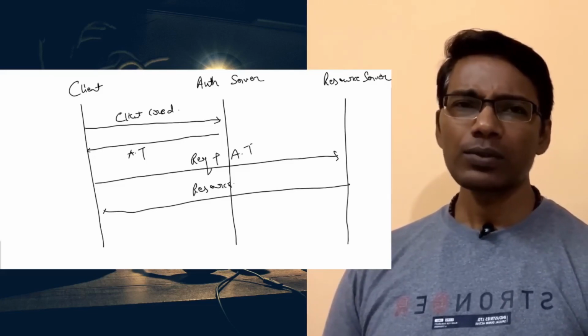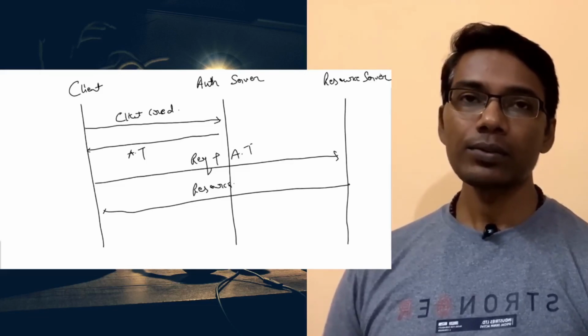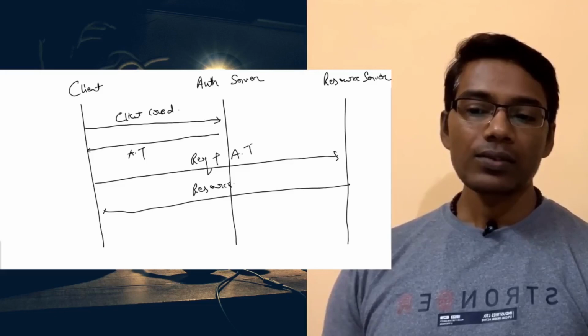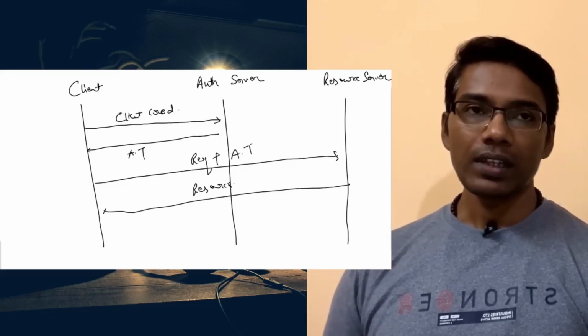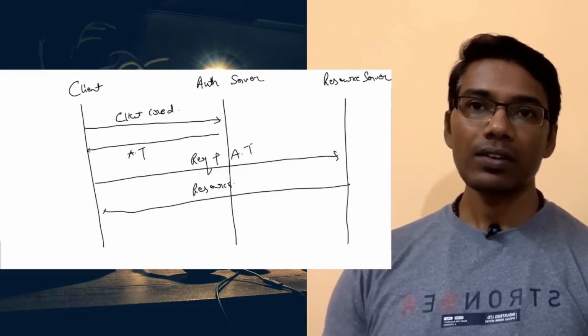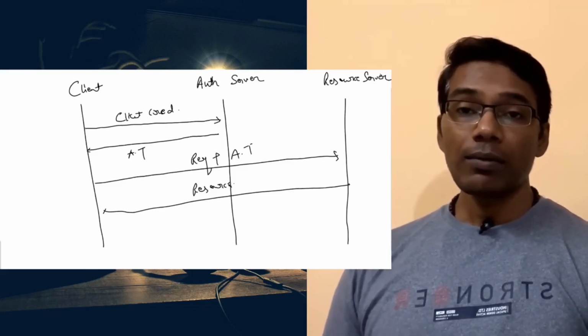A refresh token usually has a longer validity compared to the access token. So in this way, the access token plus refresh token can allow a very good user experience and can ensure security also. Okay, so this is all about OAuth.